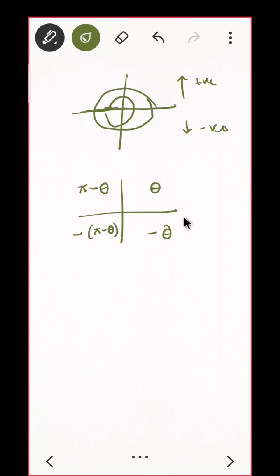You just need to consider that the lower terms will be negative and the upper terms positive. That means if you have the first and second quadrant, then your capital Arg of z will be positive, and if you have the third and fourth quadrant, then it will be negative, in minus. Okay, so we'll do some examples, then we'll see how to do it.